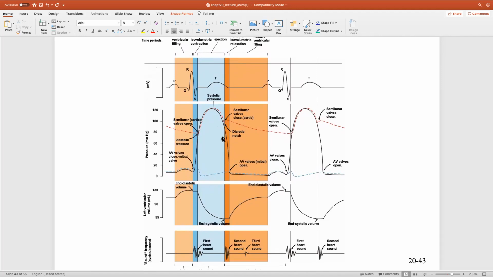Here, the aortic valve just closed on the left side, and on the right side, the pulmonic valve just closed as well. Those two should mirror each other. We closed the mitral and the tricuspid valve at the very start. They never reopened yet. So at that point, all four valves are closed.